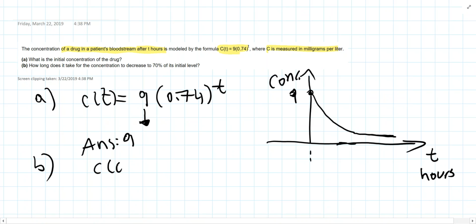So C of T, let me copy down the formula, is 9 times 0.74 to the T. So I'm interested to find the time T when the result is 70% of the initial level, and the initial level is 9. So I'm interested to find when the output, this, is equal to 70% of 9.